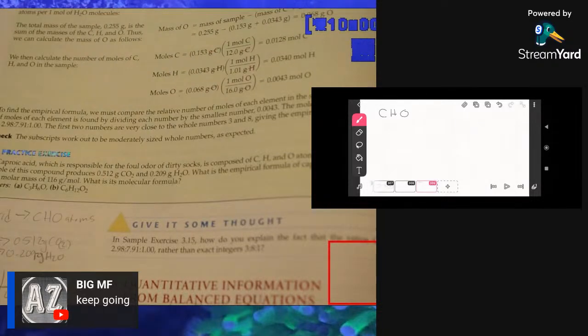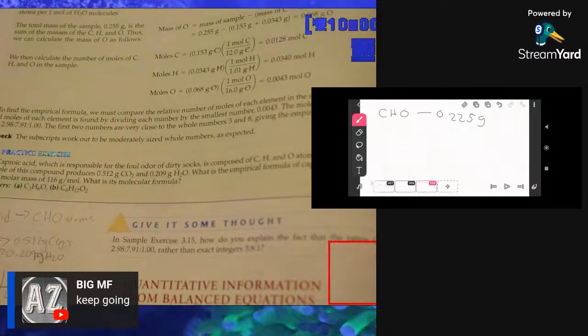And what it's saying is, they gave us an initial amount. So let me write that down also, which is not important right now until a little bit later. All right. So first up, we got 0.512 grams of CO2.